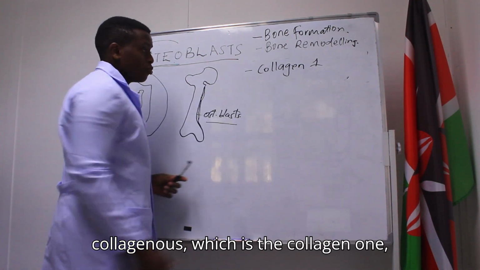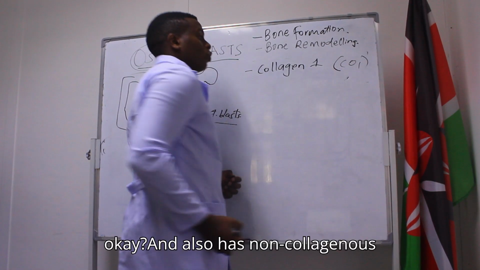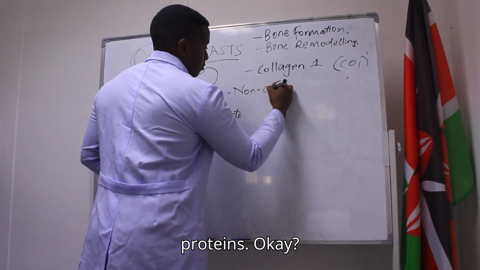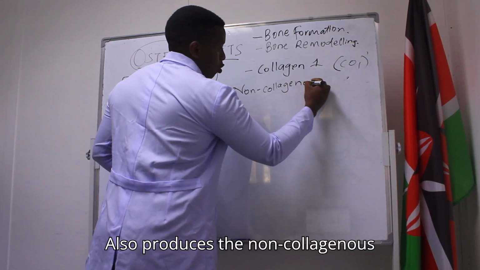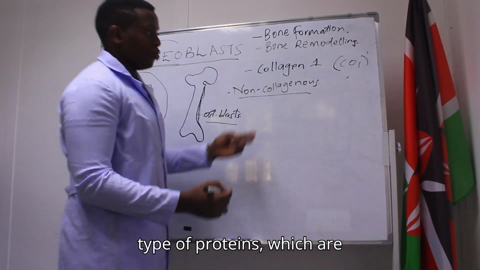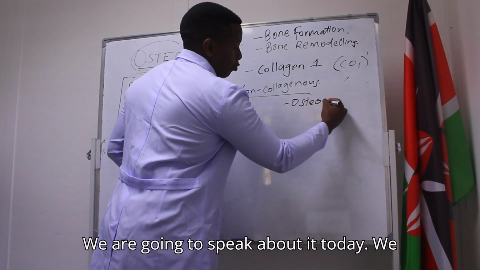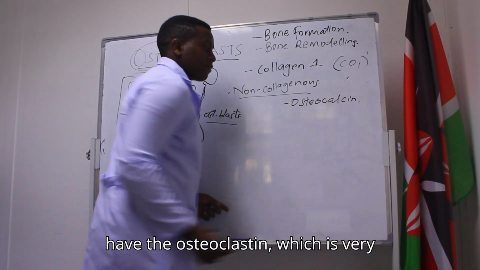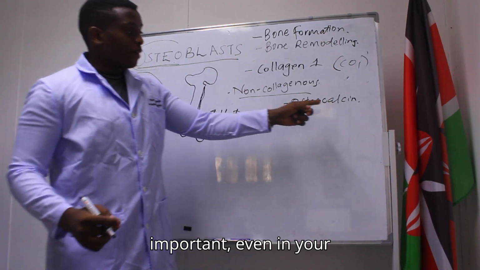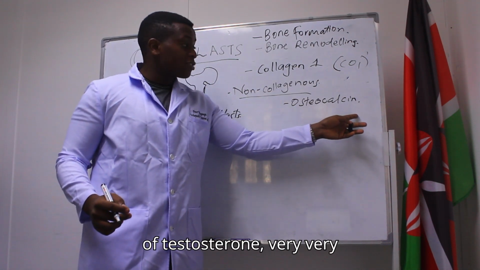The osteoblast produces two types of proteins. We have the collagenous, which is collagen 1, and also the non-collagenous proteins. We have osteocalcin, which we are going to speak about today. It is very important, even in your metabolism and in the synthesis of testosterone.